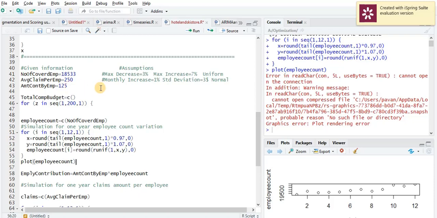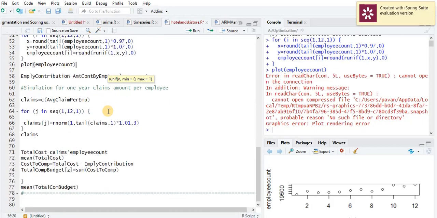Now we have to determine how much the company has to maintain for the coming year. To calculate that, we will simulate this entire problem 200 times to get the best optimal value of the amount the company has to maintain.